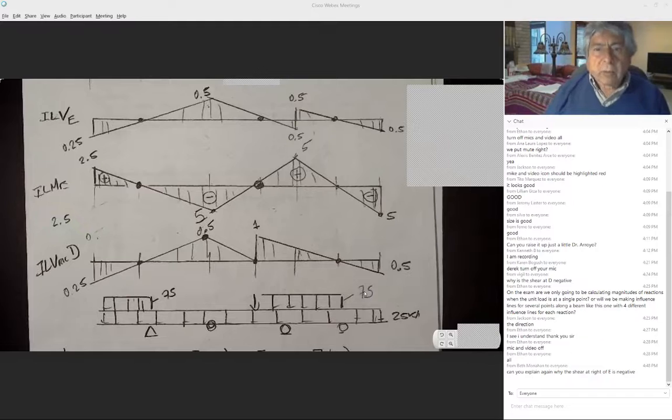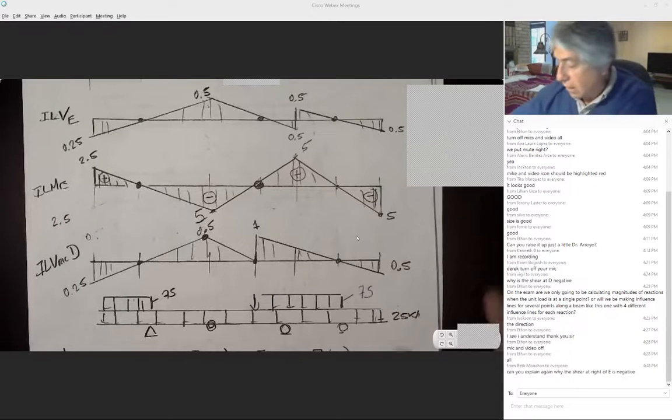All of this load is multiplied times the positive area. And we know the area because it's a triangular area, the base times the height divided by 2. All of this load times this negative area, all of this load times this positive area, and this load times the negative. And this is exactly what I've done in here.